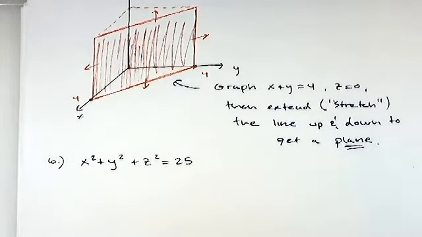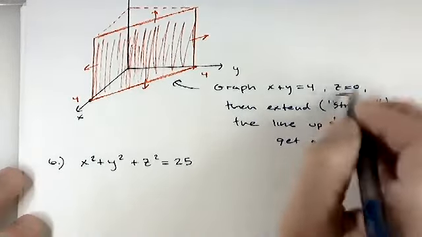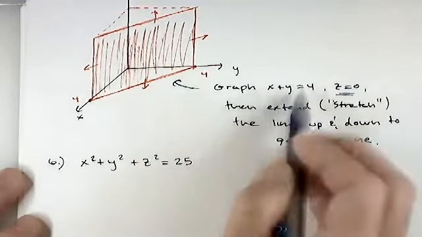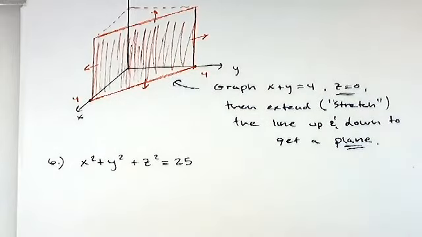All right, so that's kind of one idea of three-dimensional graphing. If you see something that looks one-dimensional or two-dimensional, just plot it and then stretch it in the direction of the variable that's missing, right? X plus y equals 4 was missing z, so I want to stretch it up and down once I sketch that line.